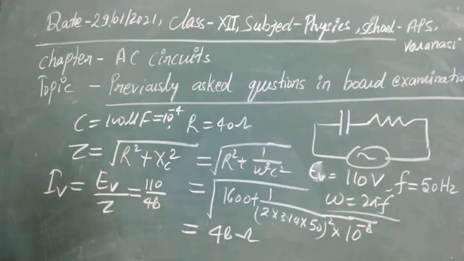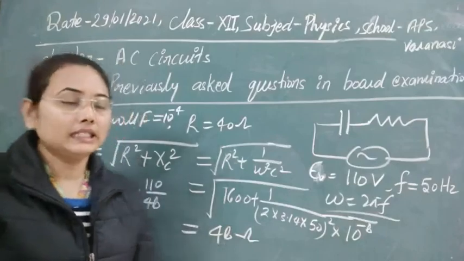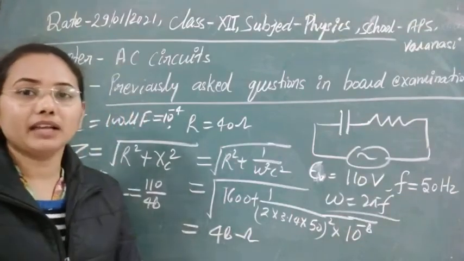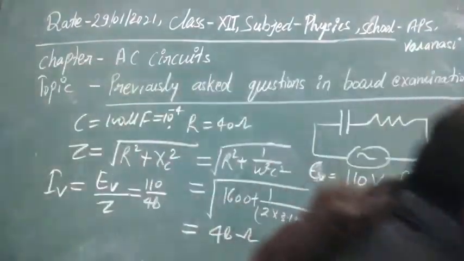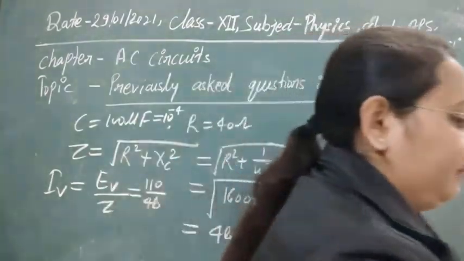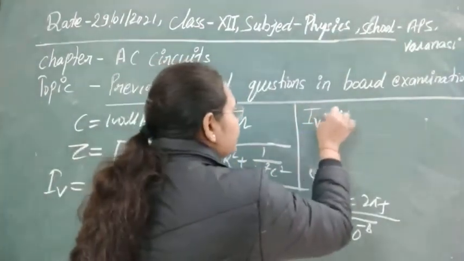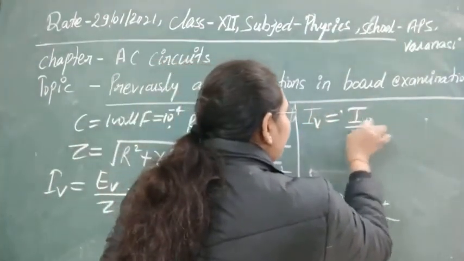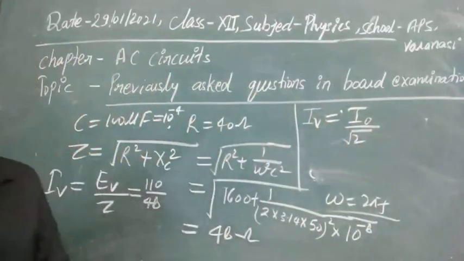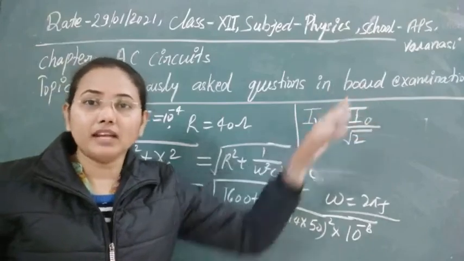If we solve it, we get the RMS value, and we have to find the maximum value of current. You know that I RMS is equal to I0 by root 2, where I0 is the peak value, or maximum value, of the current.